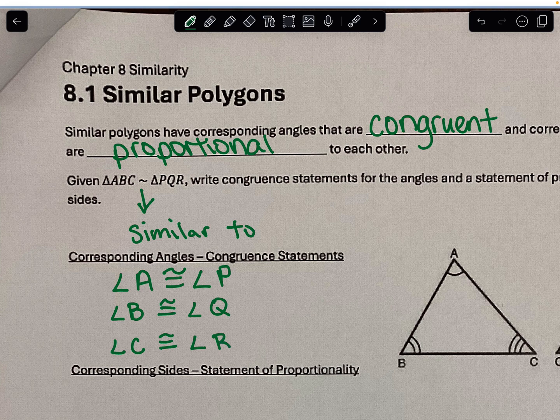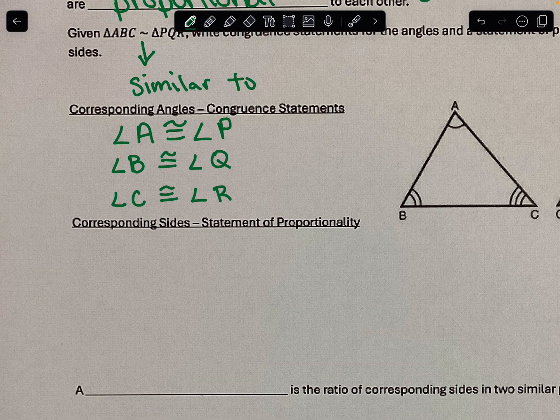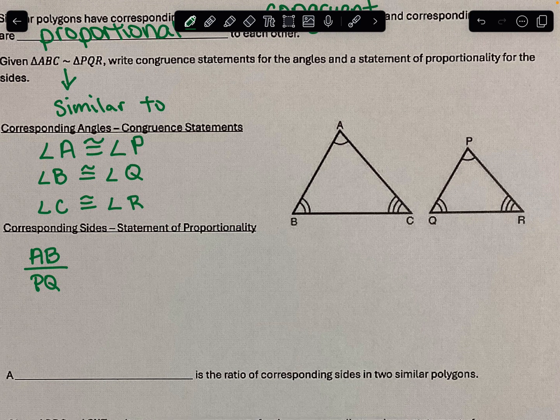Okay. All right. Then for corresponding sides, a statement of proportionality just says, like, if I take side AB over side PQ, right? So I'm writing those as a fraction, side AB over side PQ.